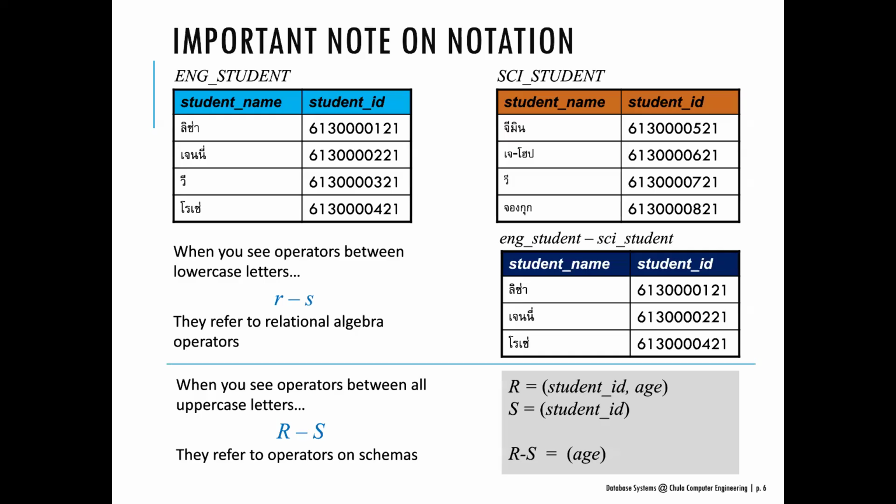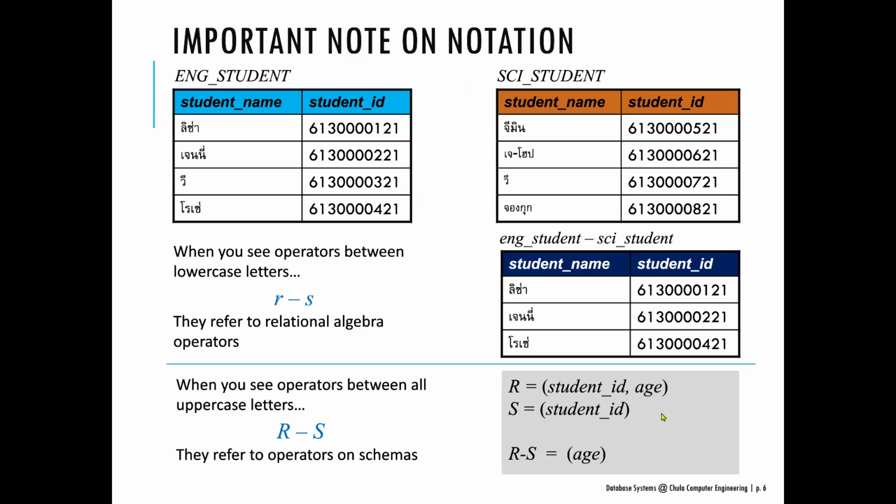So if I have a relation R comprising student ID and age, and I have another relation S comprising student ID only, then if I say uppercase R minus uppercase S, you can take a look at the attributes and see that there is the same attribute, student ID, in the two different relations. Then you take the minus and you only have age left.